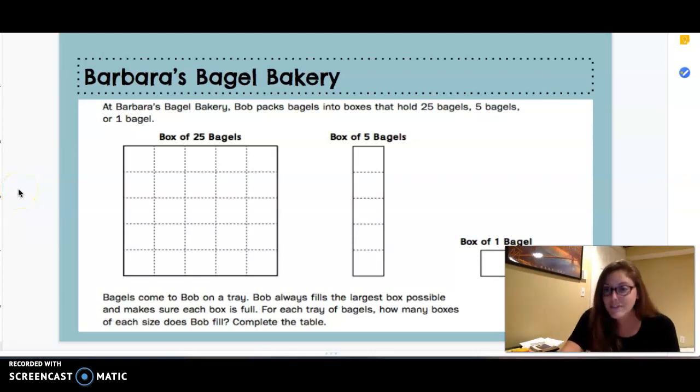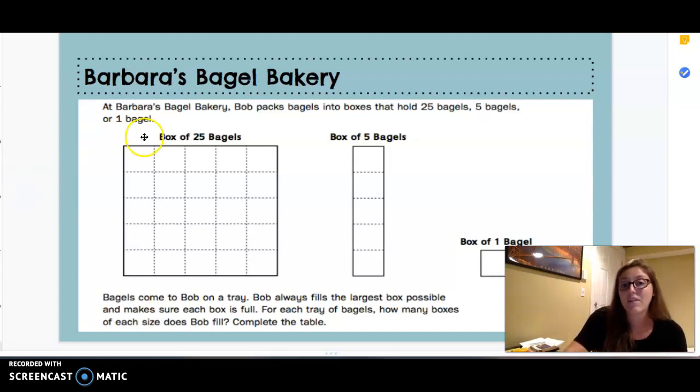So to start off together, we're going to work through one type of code we need to decipher, and then you're going to go off and try to decipher another code. We're going to decipher Barbara's Bagel Bakery's problem. Let me read to you. At Barbara's Bagel Bakery, Bob packs bagels into boxes that hold 25 bagels, 5 bagels, or 1 bagel.